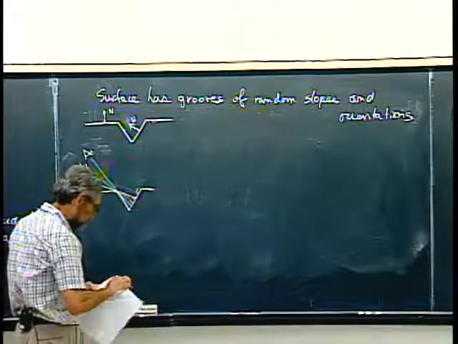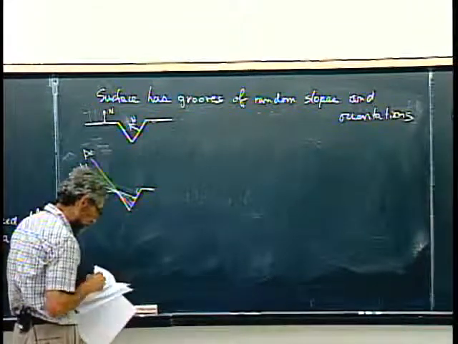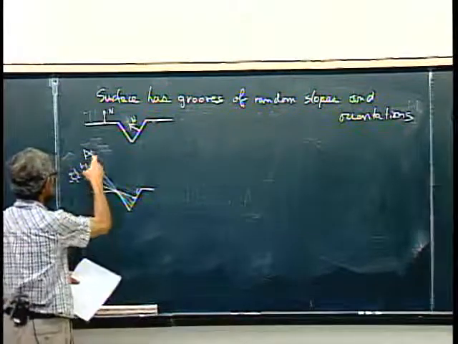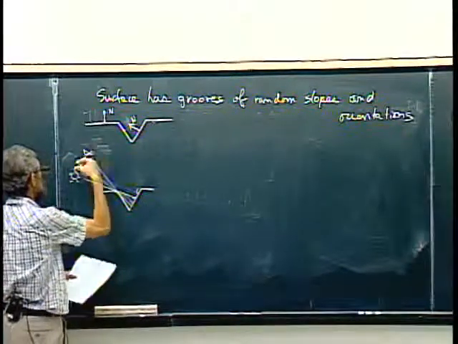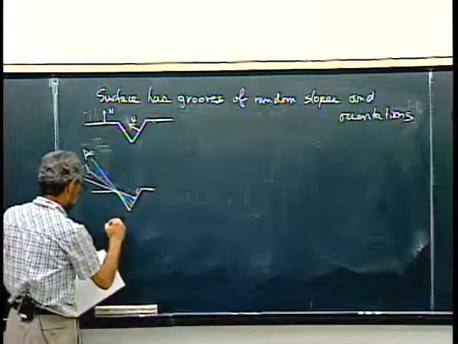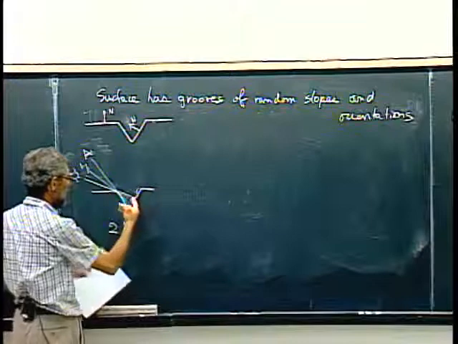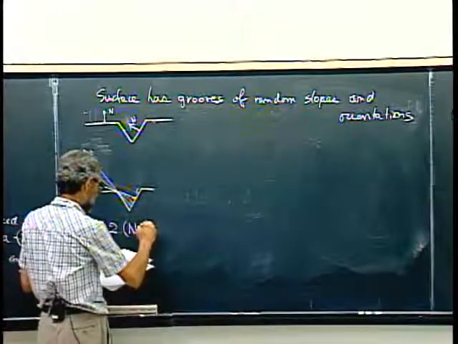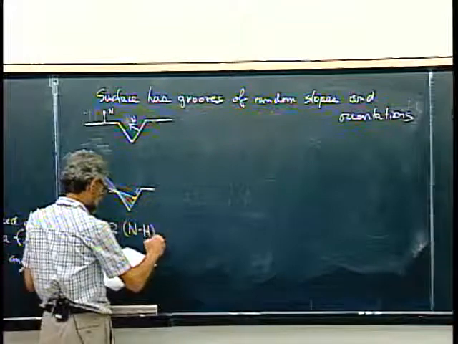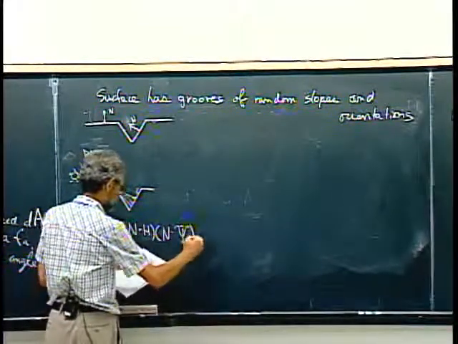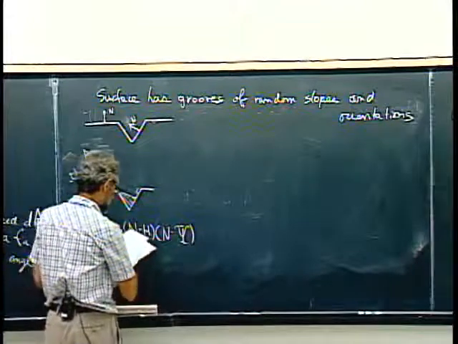Okay, so if the eye is above, here's your eyeball, and it's above the light, then the formula for that fraction of the area that's visible to both is 2 n dot h, n dot psi, over theta dot h.